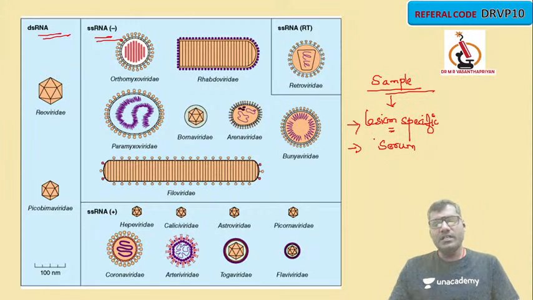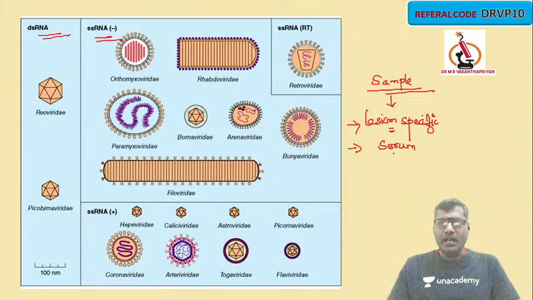For example, in the case of influenza, we collect nasal swabs for diagnostic purposes. Coming to the rabies virus, we collect corneal smears or a biopsy, or we collect the CSF sample, which come under lesion specific samples.